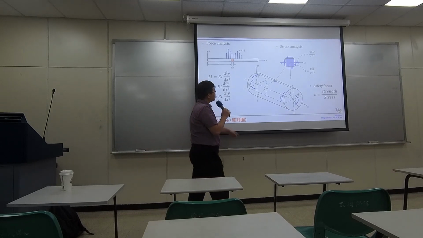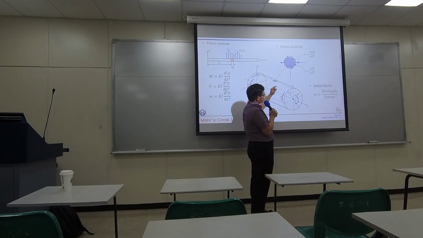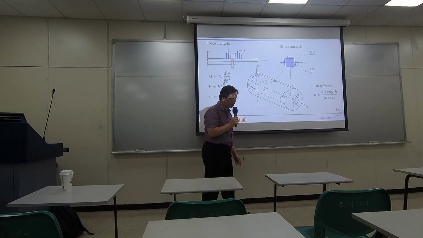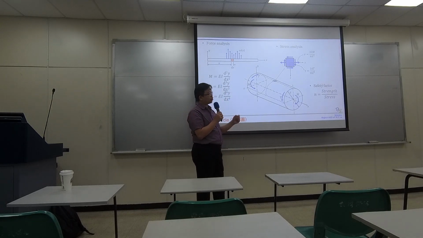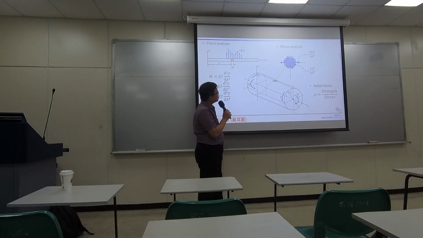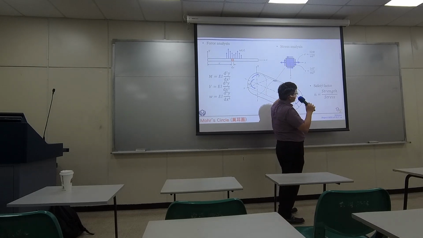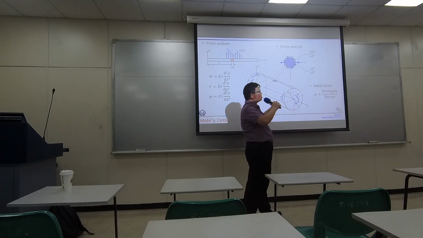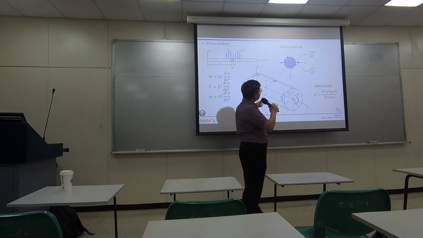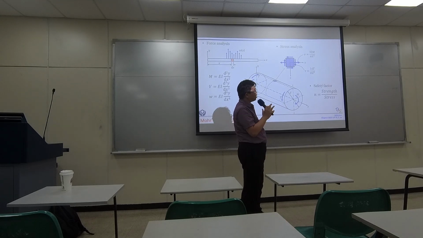So let's say this particular point is the location with the largest normal stress, like some point from yesterday's example. Then we can draw something like this. It's being pulled from left to right, or being compressed left to right.